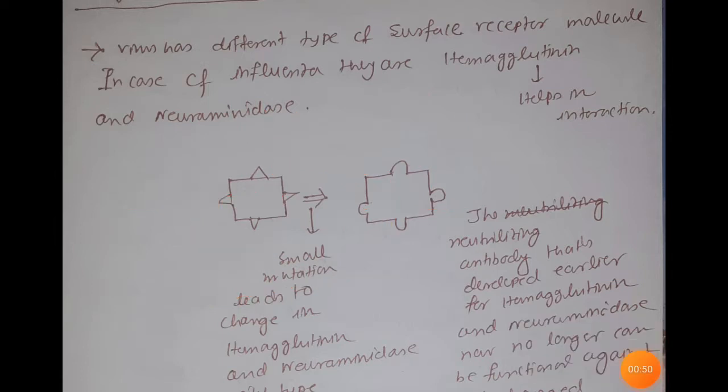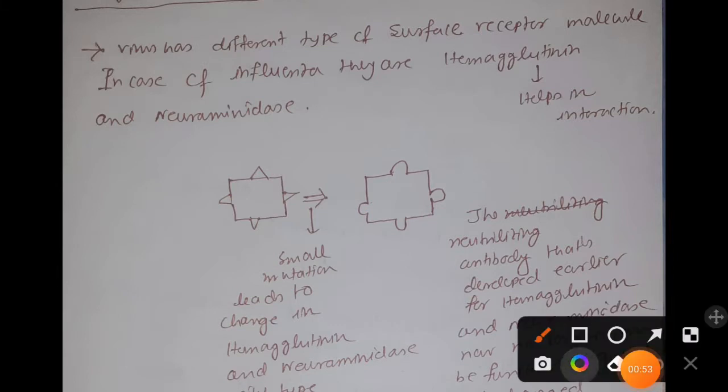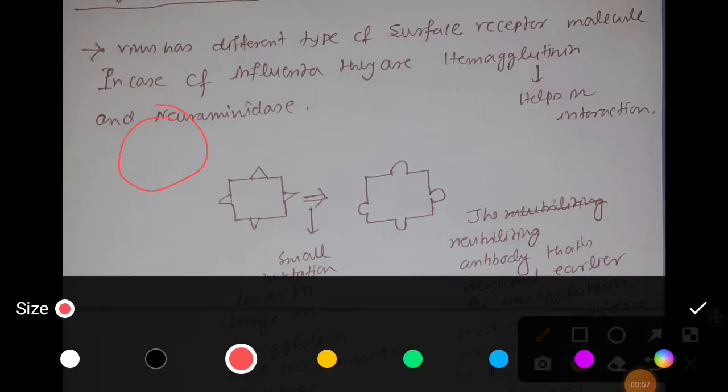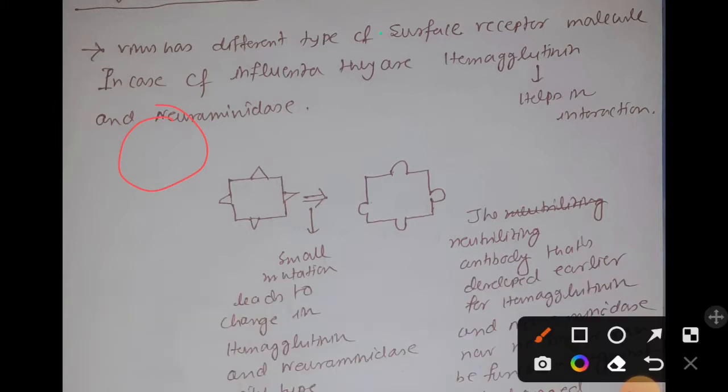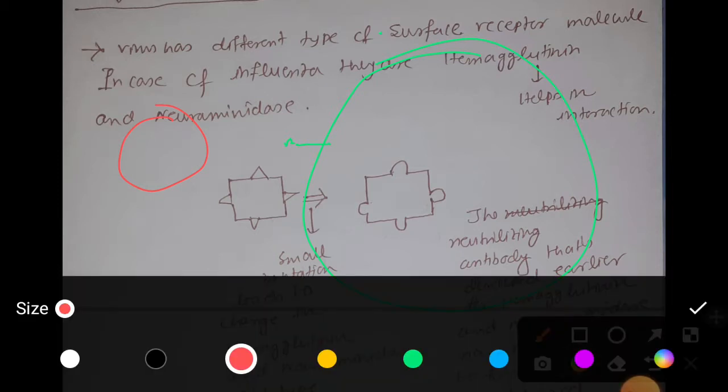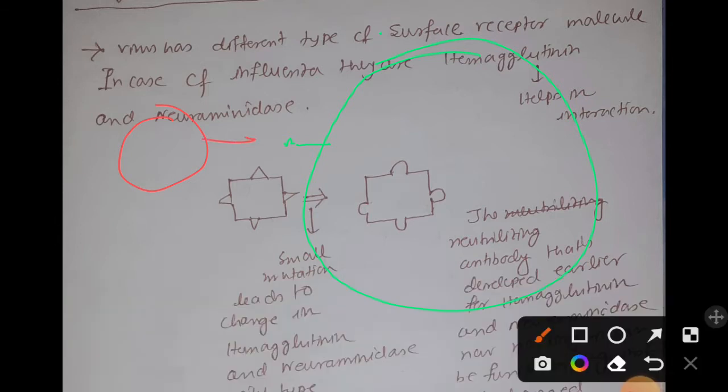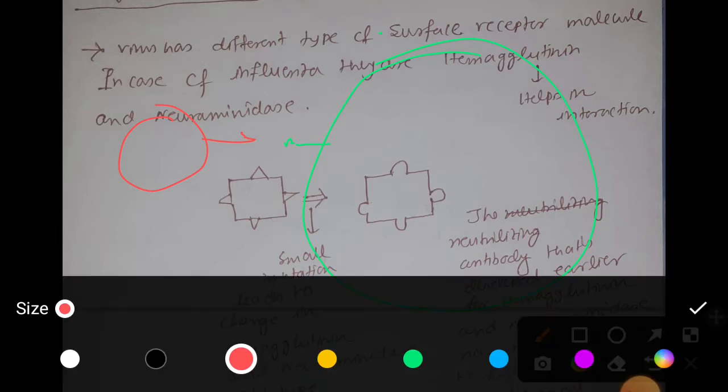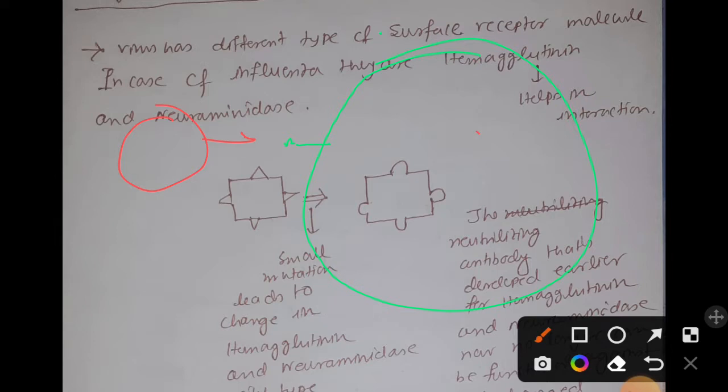Remember, for entering inside the host cell, the virus first needs to interact with the surface receptor present on the host cell by their surface receptors. After that they will perform endocytosis or something similar to enter inside the host cell.